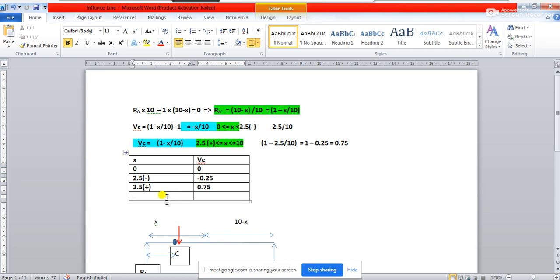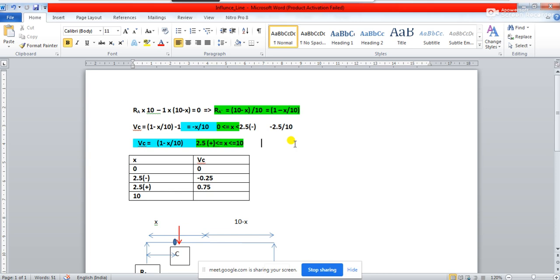Now, next step: the limiting value is 10. So at x equal to 10, what is going to be the value of shear force? Can anyone tell? 0, sir. Should I put it in this equation or in the second equation? I should put it in the second equation, because I am going for this limit, 2.5 less than or equal to x less than or equal to 10.